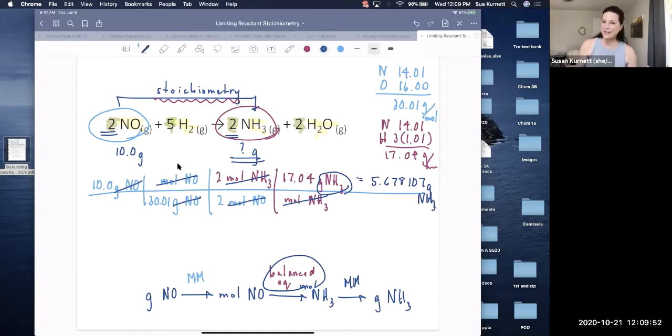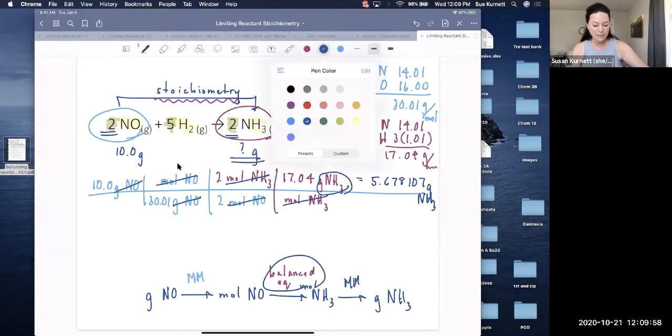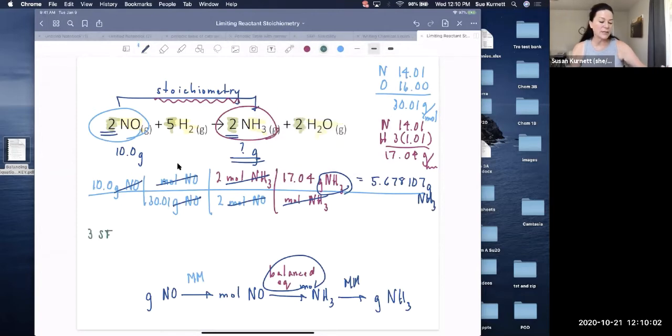You know that sig figs are important, so let's see what we have. I'm starting with 3 sig figs. Grams are masses. Masses are things we measure. We count the number of digits. A molar mass has a limited number of digits. I'm just using the one that we have on our periodic table that goes to 2 past the decimal, so that's 4 sig figs.